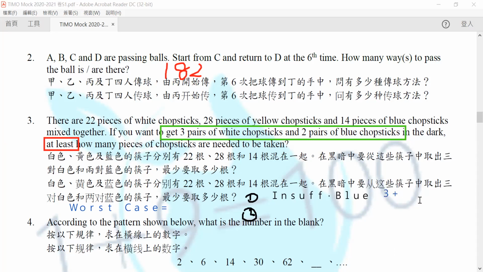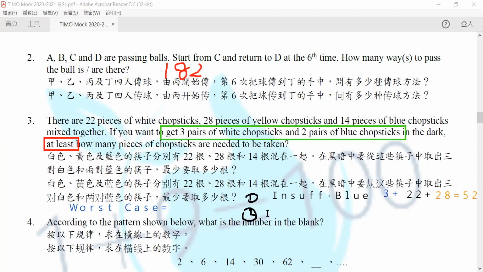For example, we can take all 22 white chopsticks out, and also the yellow chopsticks, 28. So this means that we have 3 plus 22 plus 28, which is equal to 53.